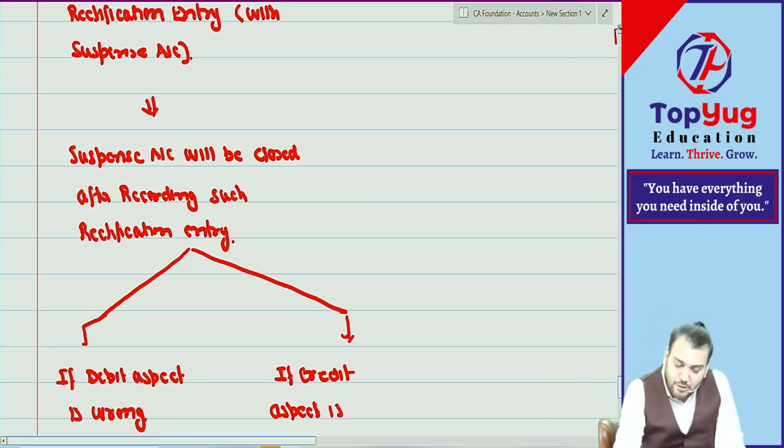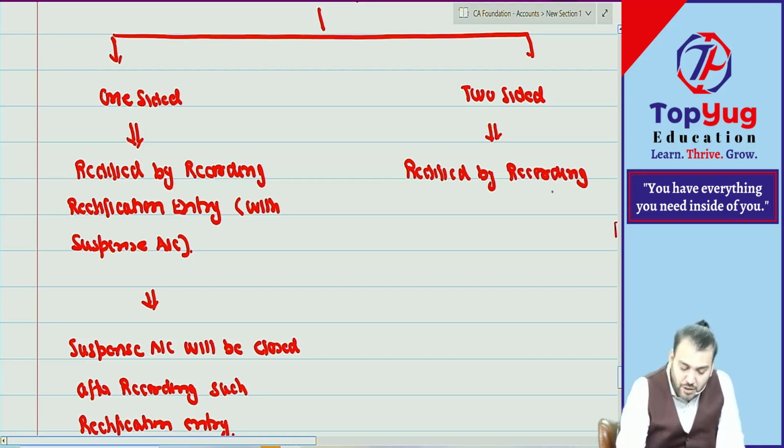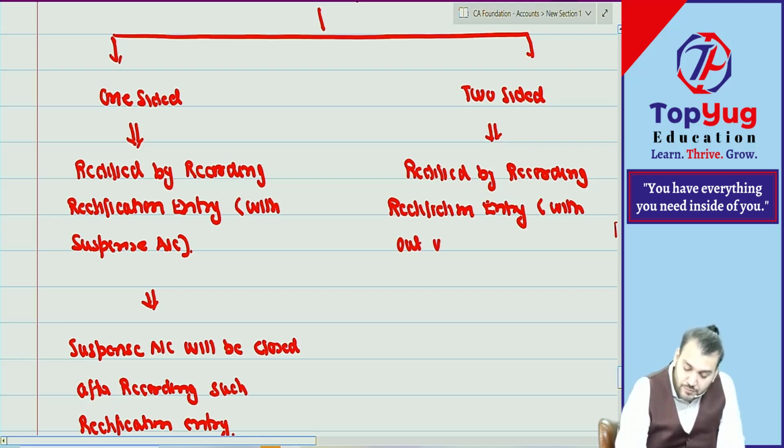So whenever two-sided, it is rectified by recording rectification entry, but without using suspense account. This point have you understood?